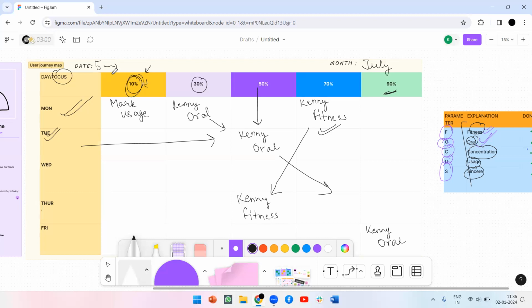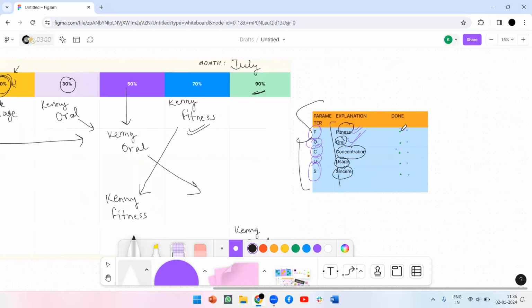Hope this has helped you a lot, and with the help of this table you can keep track of how many of the focus parameters your class is having, and how many they are lagging behind.